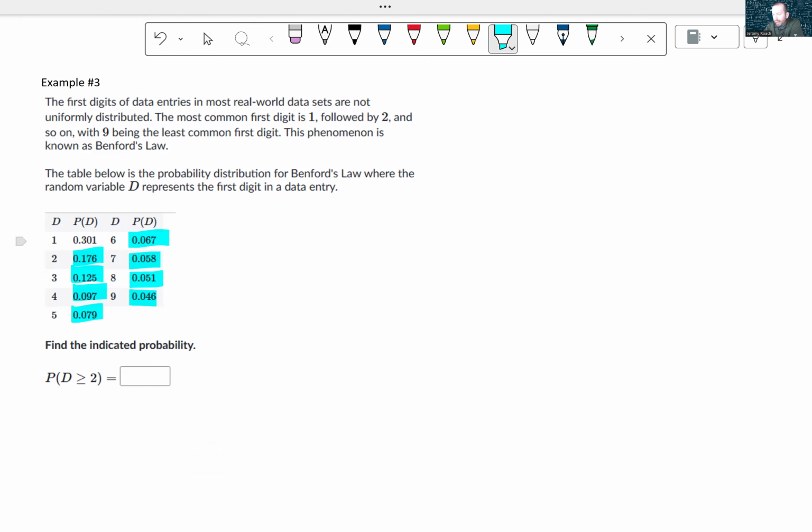So you can add all of those up, or again, you can use the complement rule. You can say that the probability that D is greater than or equal to 2 is equal to 100%, or 1.0, minus the probability that D is less than 2. Not less than or equal to 2, because we're not including that it equals 2, only that it's less than 2.